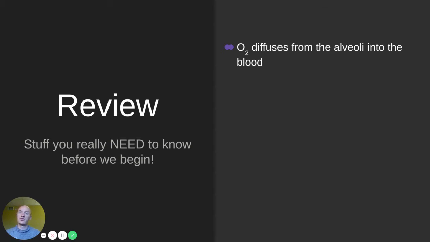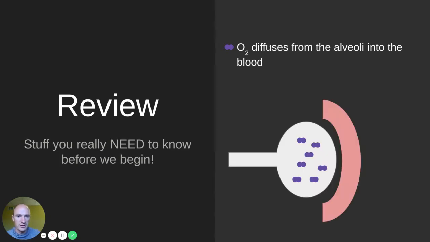So the oxygen in the air in the alveoli is going to have a higher partial pressure of oxygen. You could say higher concentration of oxygen. So those oxygen molecules are going to diffuse from the alveoli, from your lungs, into your bloodstream. So let's watch that. This circular shape is an alveolus, and this is a capillary surrounding it, and the oxygen is going to diffuse in.